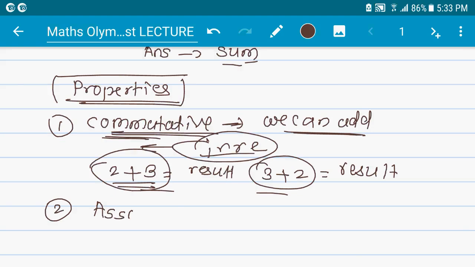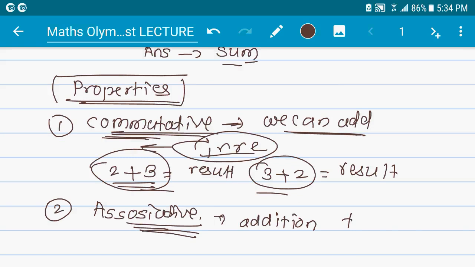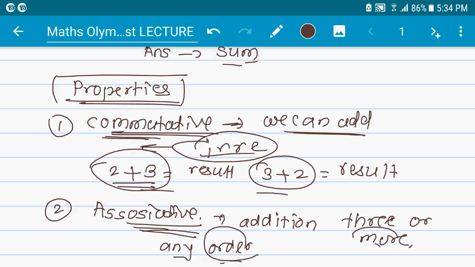Okay, now the second property is associative property. Associative property tells us about the addition of three or more numbers, and the same, like we can add them in any order irrespective of their order.